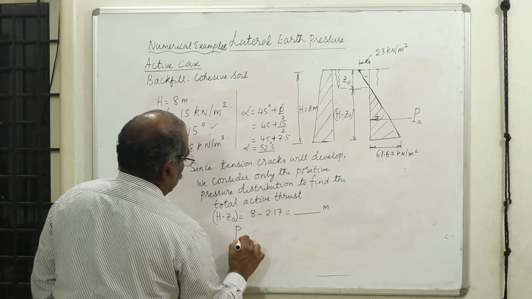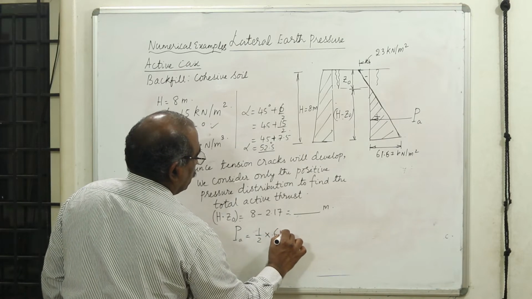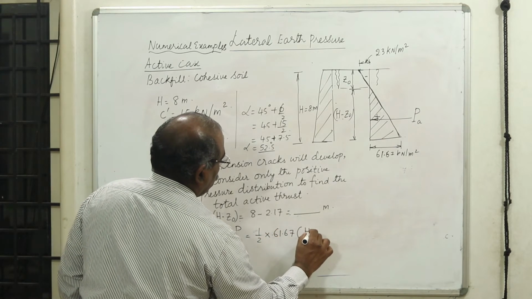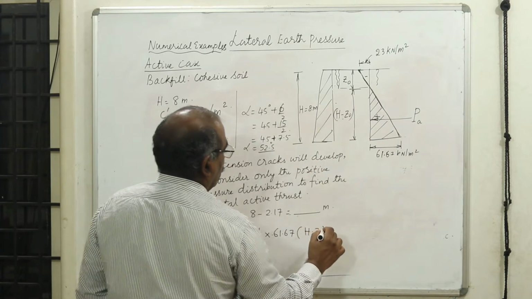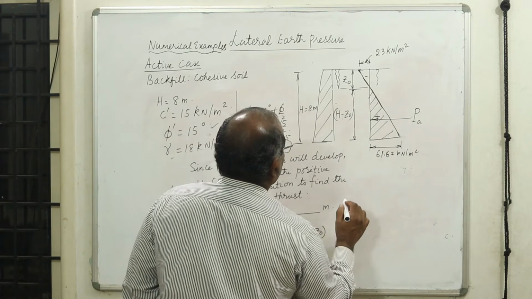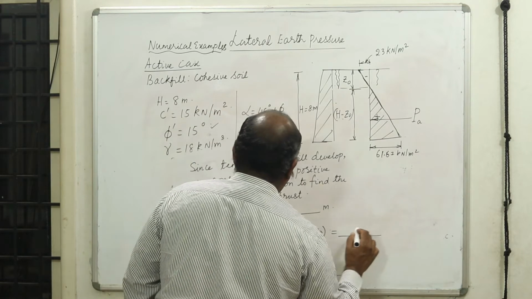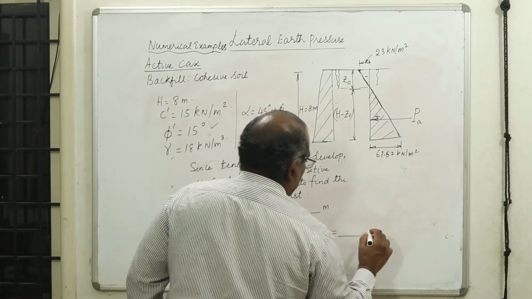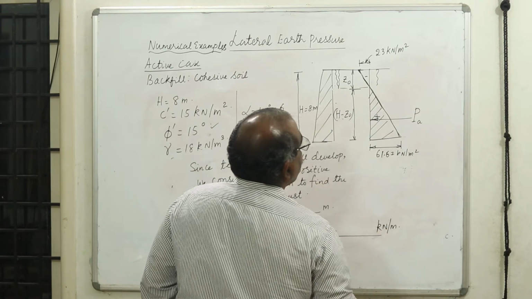PA is equal to half into base, 61.67, into H minus Z0. That is half into base into height. This is the total thrust. It will be in kilonewton per meter run.